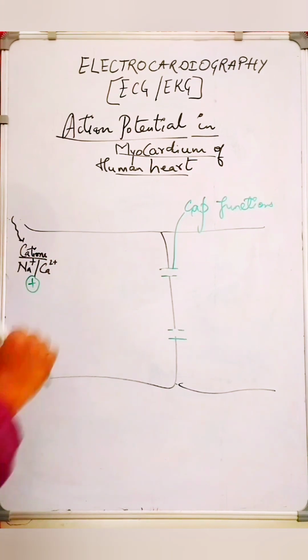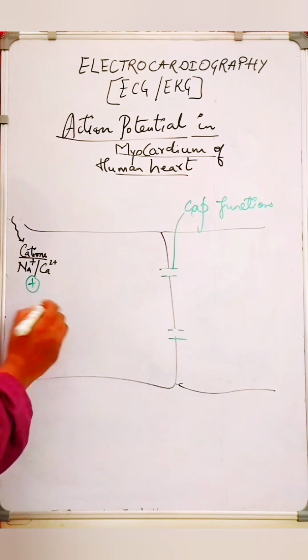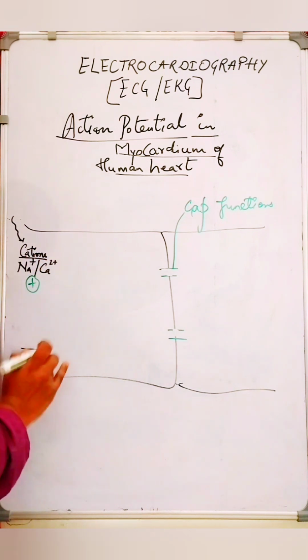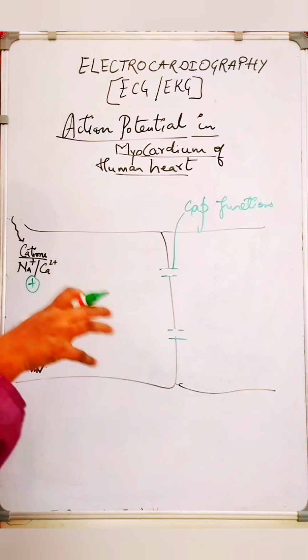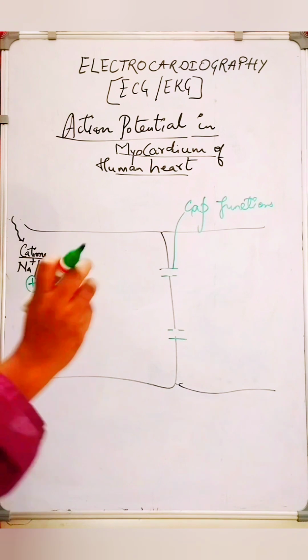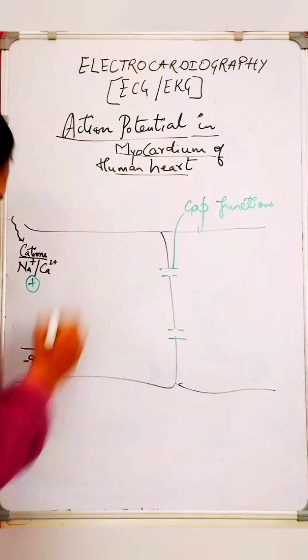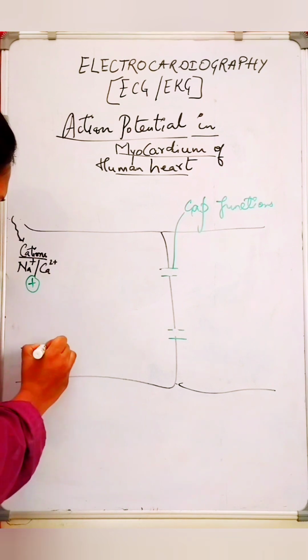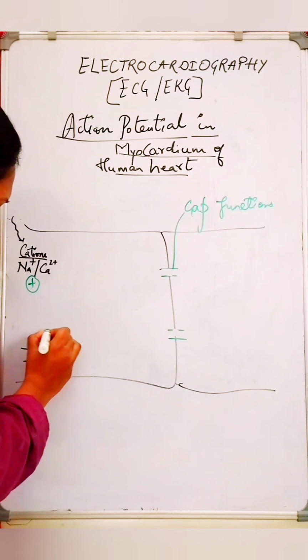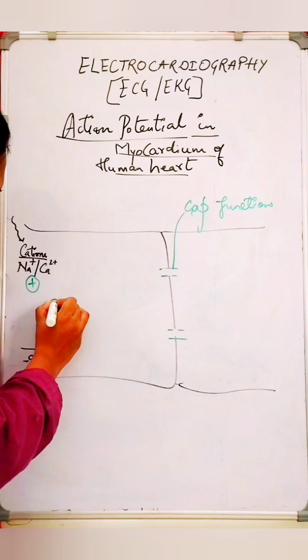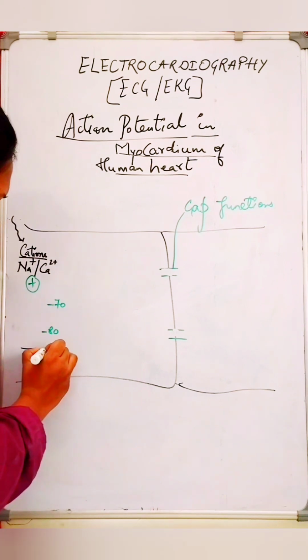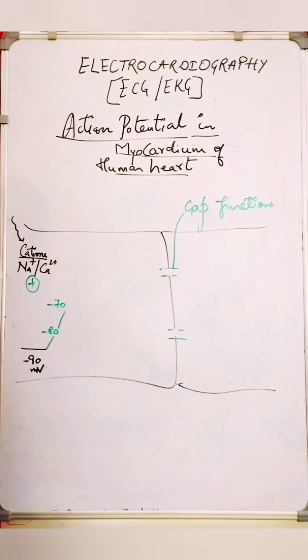In fact, it doesn't fully neutralize it. Plus charges will keep on increasing, and the electronegative force will become positive. Slowly minus 90 becomes minus 80 to minus 70. So, the peak goes like this.